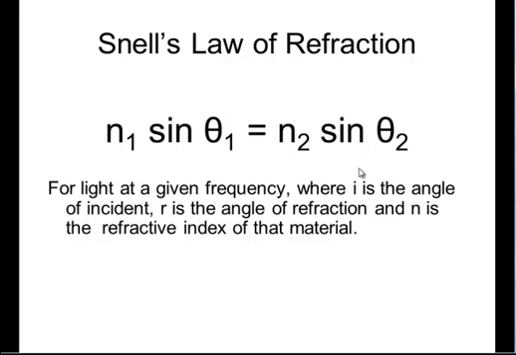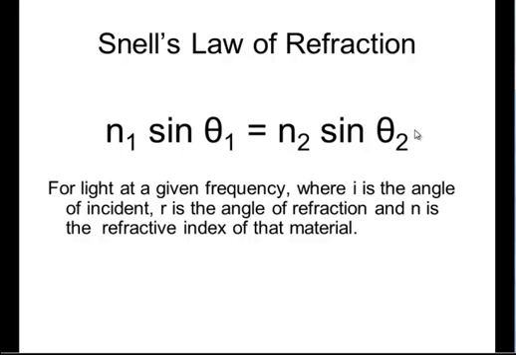All this comes together to show what is known as Snell's law: n1 sine theta 1, so that's the first medium, times the sine of the angle of incidence, equals n2, the refractive index of the second medium, multiplied by the sine of the angle of refraction.